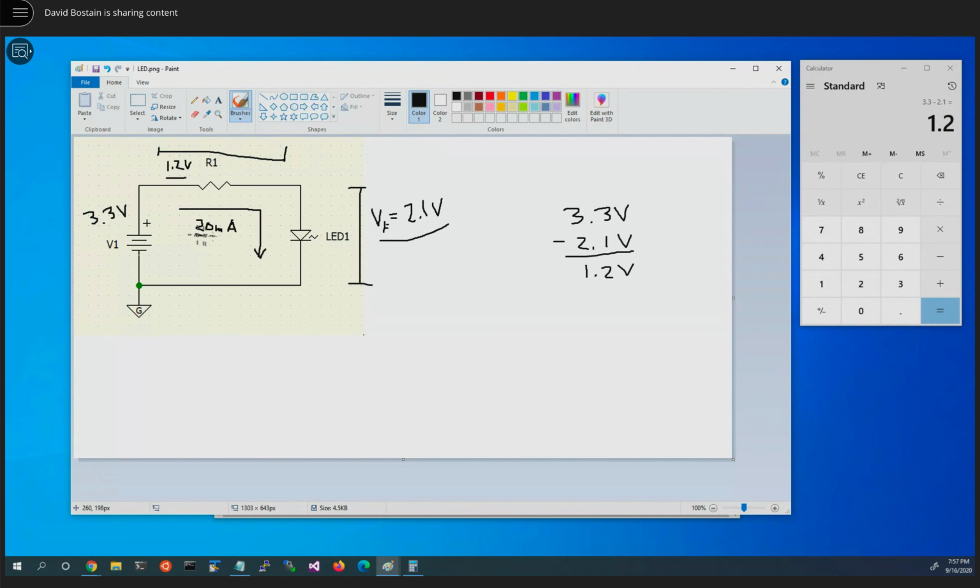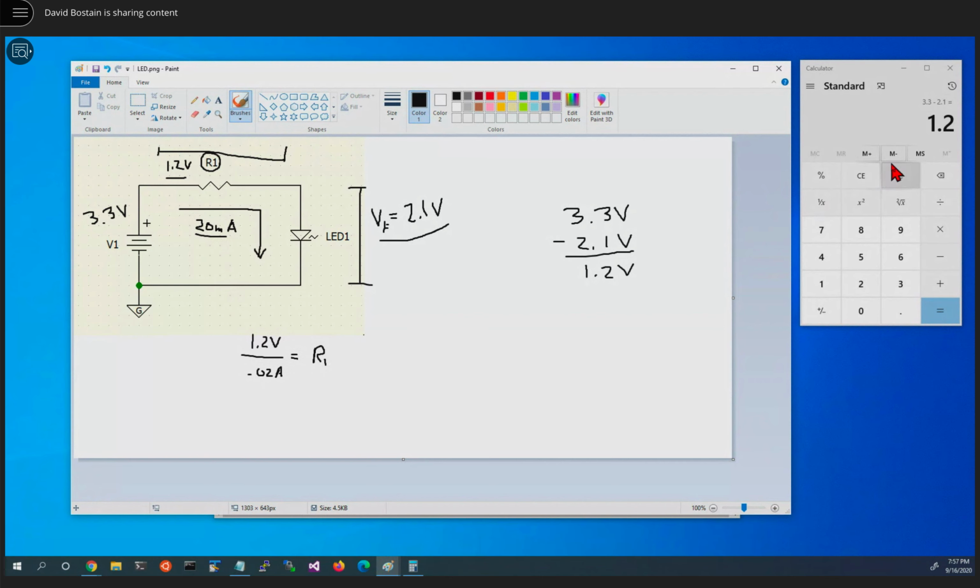So now we know a voltage, we know a current, we should be able to compute the resistance. V is equal to IR, so voltage, 1.2 volts, divided by the 20 milliamps, or 0.02 amps, should equal the resistor value.